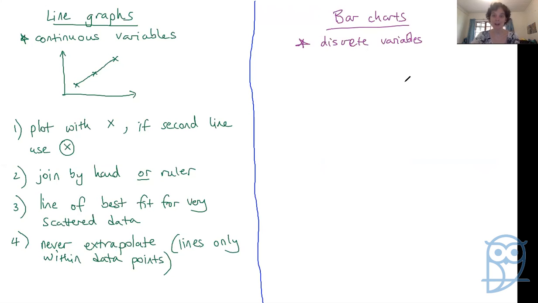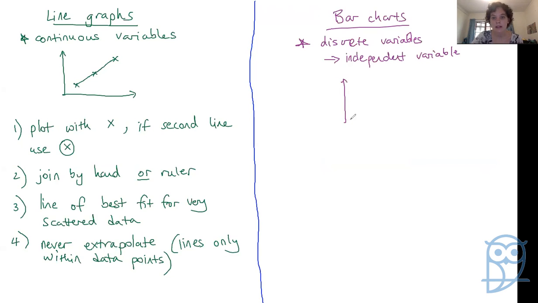You can't be male and a half. So if our independent variable is discrete, then we need a bar chart, because we can't draw a line and join together males and females. There's no sense behind that. But we could have one bar for males and one bar for females. So that's what we're driving at with a bar chart.